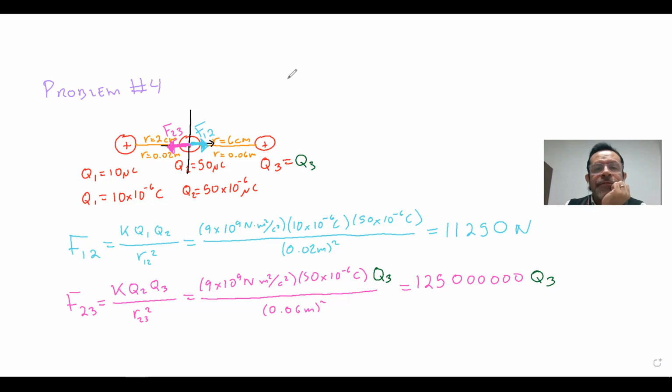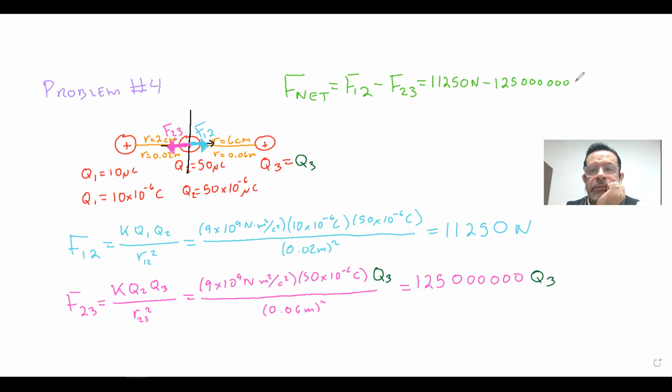So the net force would be F12 minus F23, which would be 1,250 newtons minus 125 million Q3.